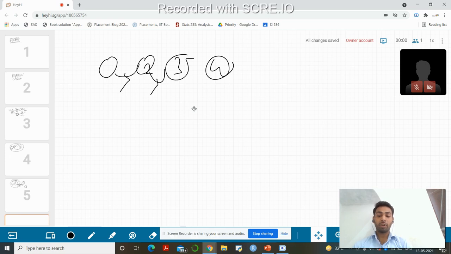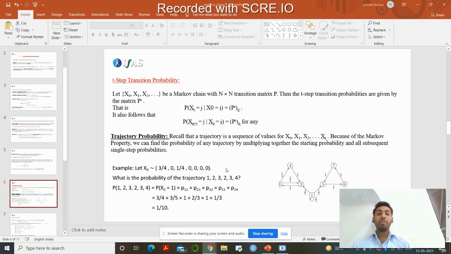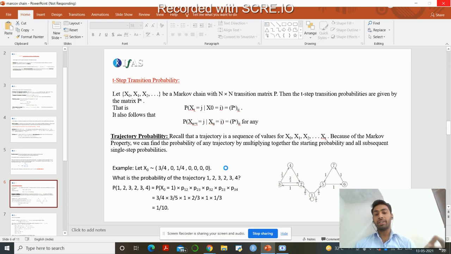But from 1 to 3 is two steps, and from 1 to 4 is three steps. The t step means we are at state I and we are going to state j in t steps.